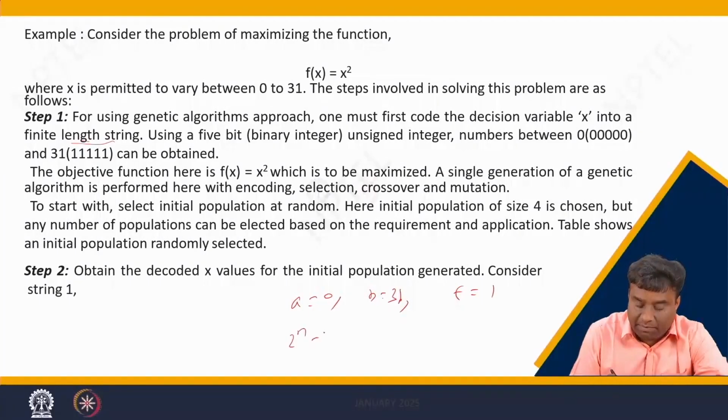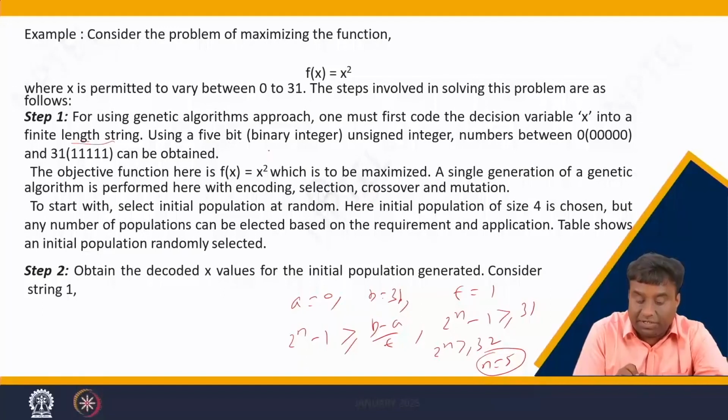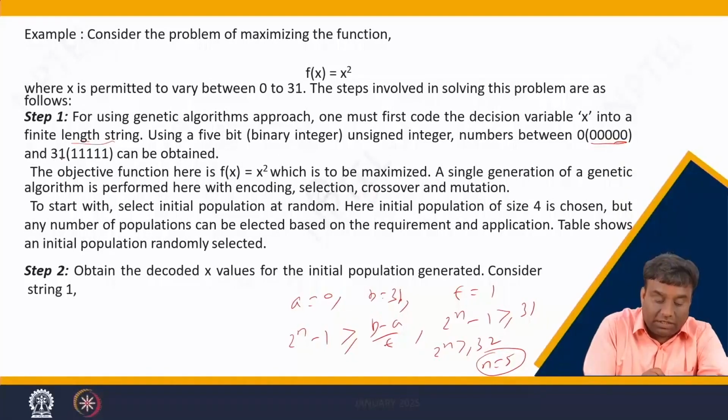So 2 to the power n minus 1 is greater than or equal to (b minus a) by epsilon, that is, 2 to the power n minus 1 is greater than or equal to 31. 2 to the power n is greater than or equal to 32. So n is equal to 5. So we need 5-bit unsigned integer numbers between 0 to 31, that is, all 5 bits are 1.